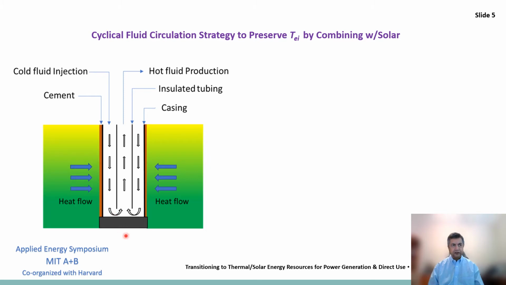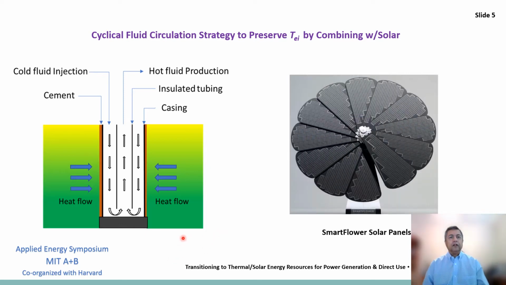So we have the combination of two approaches. And in terms of solar power, we did consider this smart flower, which is highly efficient, but it's quite expensive compared to the normal solar panels that we can see in rooftops.